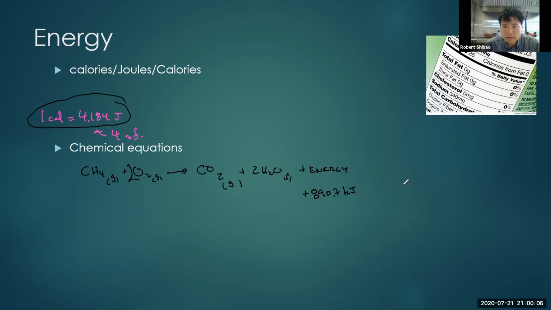If I do that, I'm going to multiply by this. We want to get rid of kilojoules, so there are 1,000 joules for every kilojoule. Kilo is 1,000, times 1 calorie for every 4.184 joules. That'll give me the number of calories. So let's calculate how many calories that is. 890.7 times 1,000 divided by 4.184.